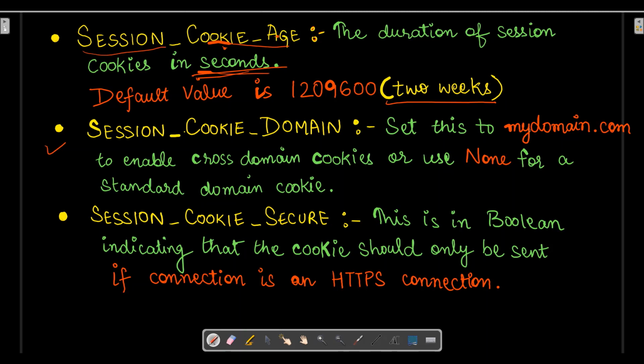Here we can set it to mydomain.com to enable cross domain cookies, or use none for a standard domain cookie. Then comes session cookie secure. This is a Boolean, either true or false, indicating that the cookie should only be sent if the connection is an HTTPS connection. If it is HTTPS, then only it will be secured.